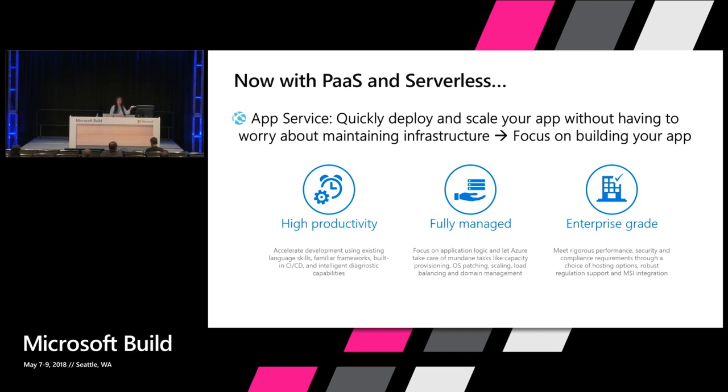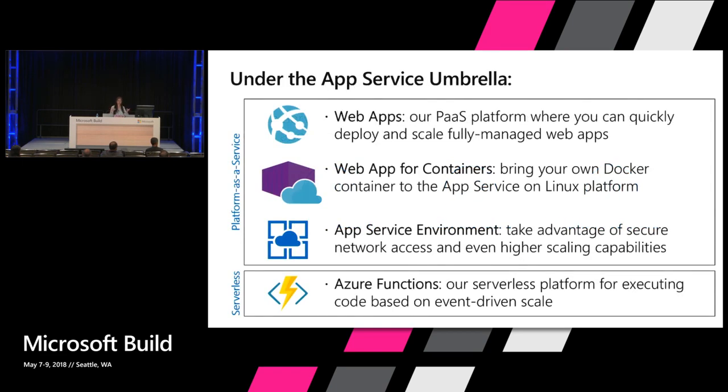This is a quick overview of the Azure App Service platform. But underneath that App Service platform, there's a lot of things under the umbrella. So I'm going to quickly walk through some of these services that we're going to cover in this session when we learn how to keep them more responsive and stable.